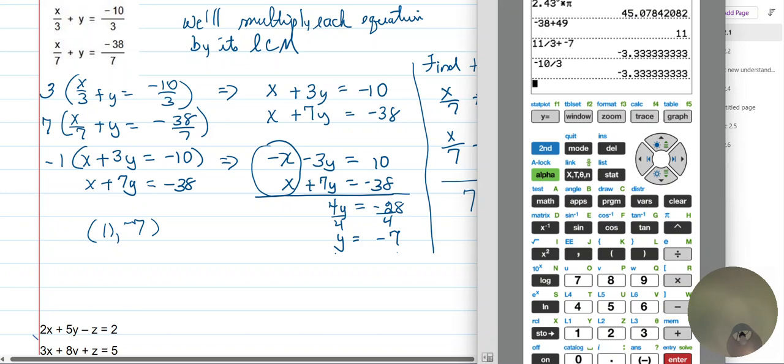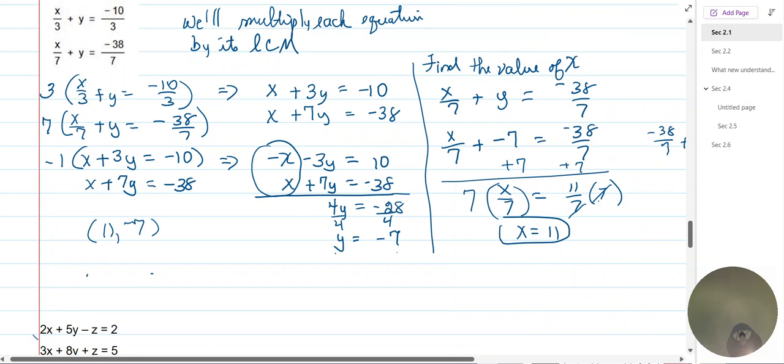Now remember, x is still 11, right? 11 divided by 7 plus negative 7, enter, and I get that number. And now I'm going to do the negative 38 divided by 7, and I get the same answer. So we checked by calculator.